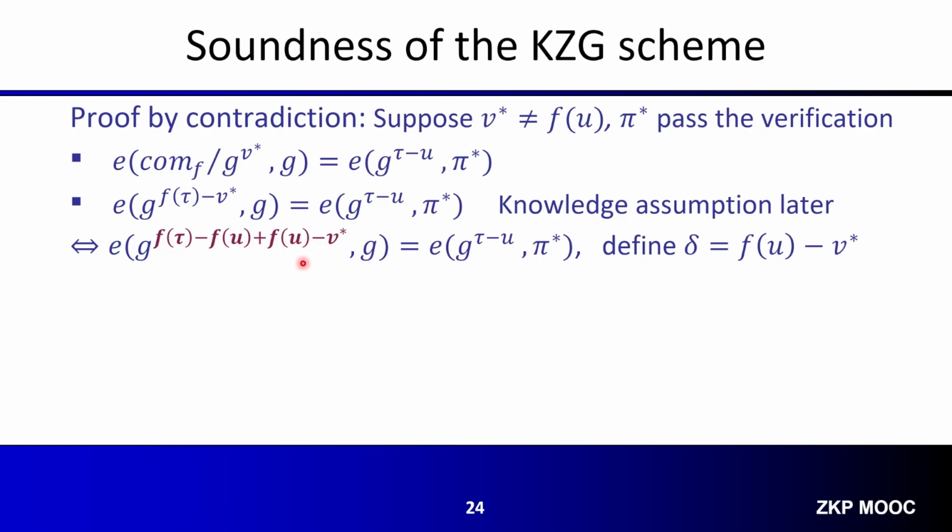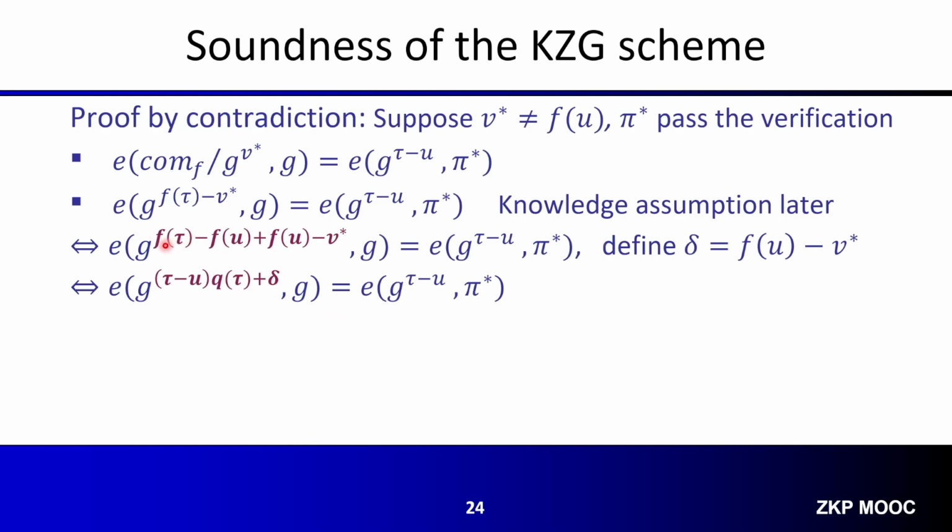The purpose of doing this is that now in the exponent we have f(τ) minus f(u), which is the correct evaluation of this polynomial, plus a difference term, which we define as delta equals f(u) minus v*. And note that this delta is non-zero because v* is not equal to f(u), because the prover is cheating.